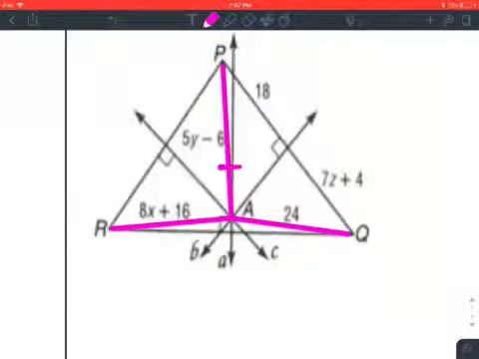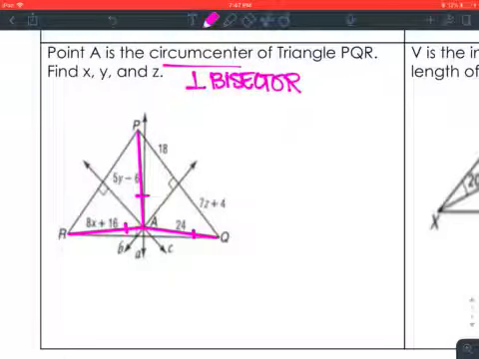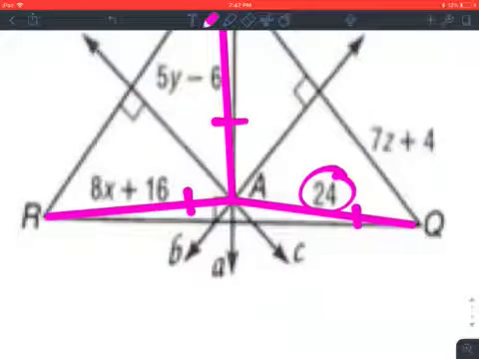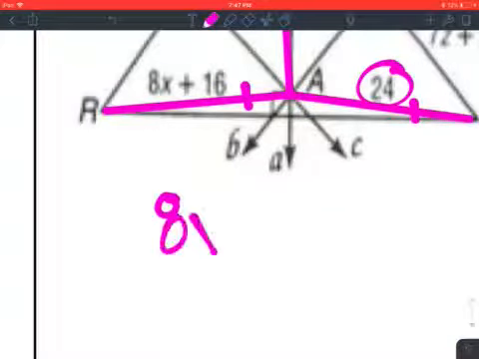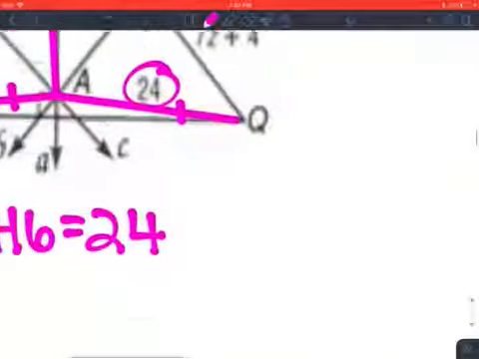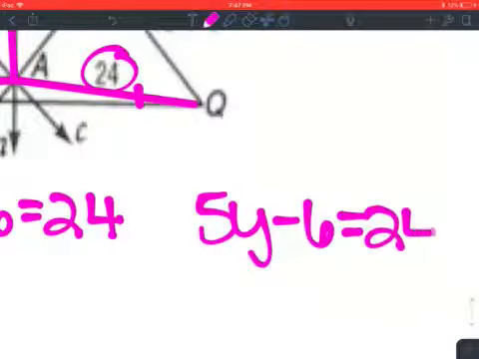And so this question is asking us to find X, Y, and Z, and X and Y are going to be done the same way because we know that AQ is 24. So then we're going to set up both of those segments equal to 24. So I'm going to have 8x plus 16 is equal to 24, and then you can solve. And then 5y minus 6 is equal to 24, and then you can solve.